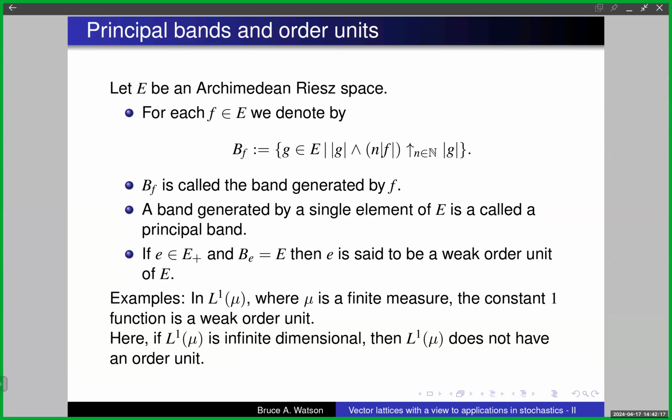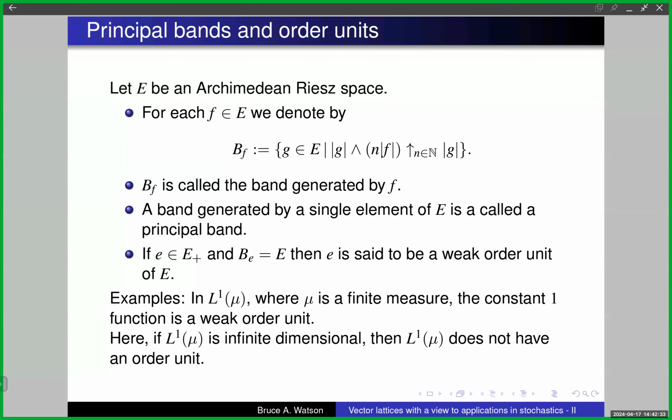Well, if we had principal ideals, the next objects we should be looking at are the principal bands. These are bands generated by single elements.